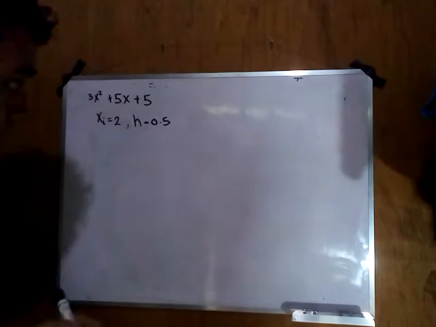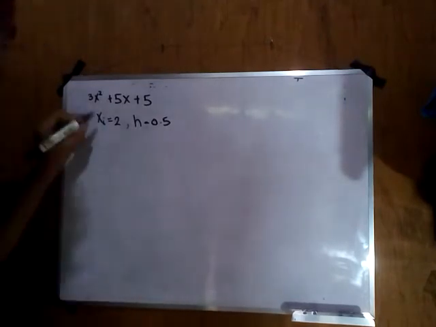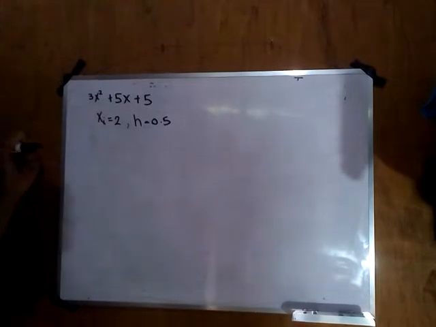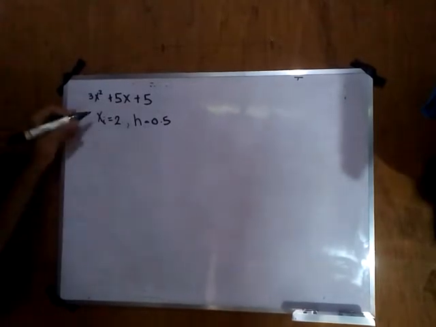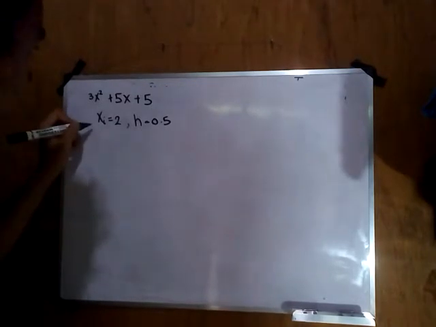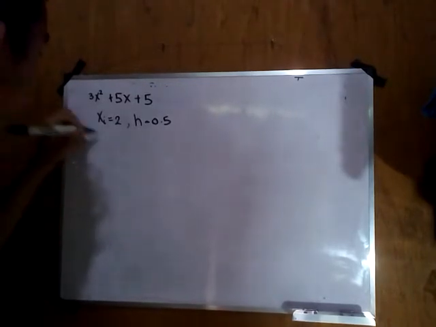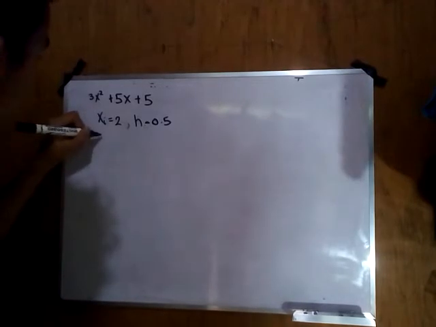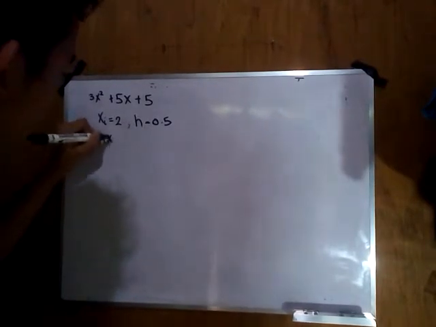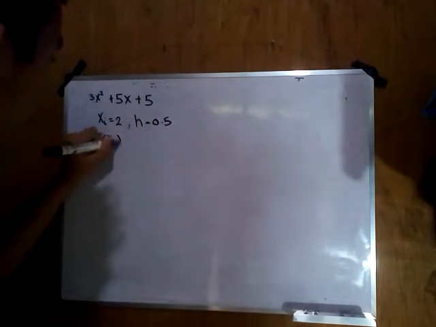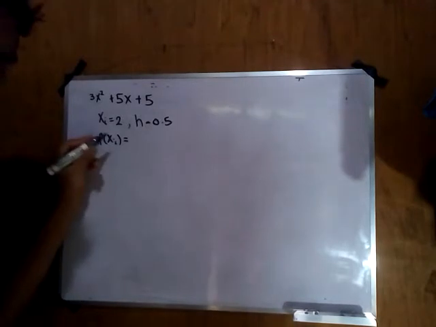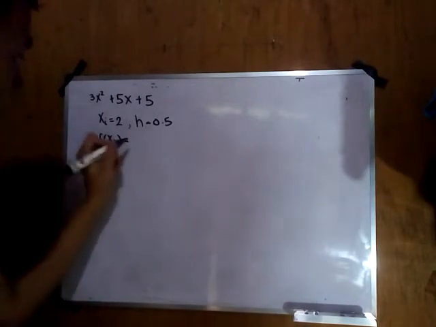So first, what we will do is solve for the value of f of x sub i. The value of f of x at the point 2 is equal to 27.